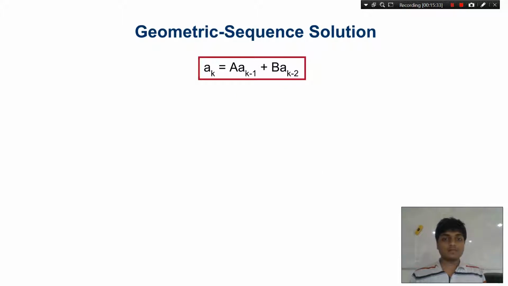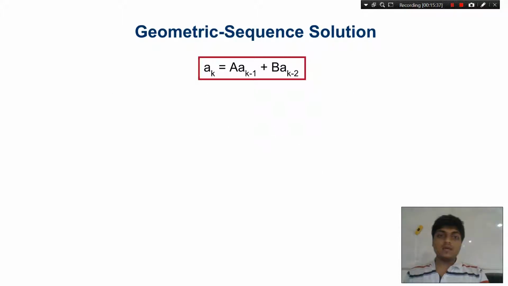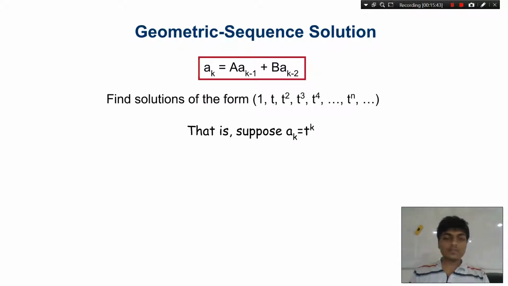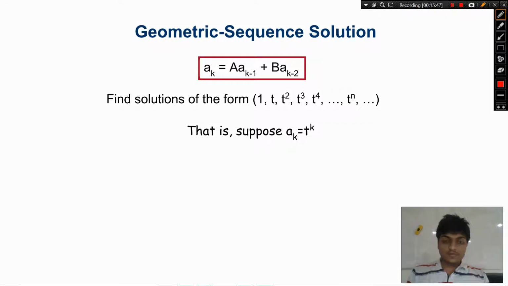Okay, so now we show that if you have a general sequence, how would you get the solution to this general sequence, right? The solutions to such kind of equations are of the form ak equal to t to the k. This actually comes from practice and from solving some linear equations.